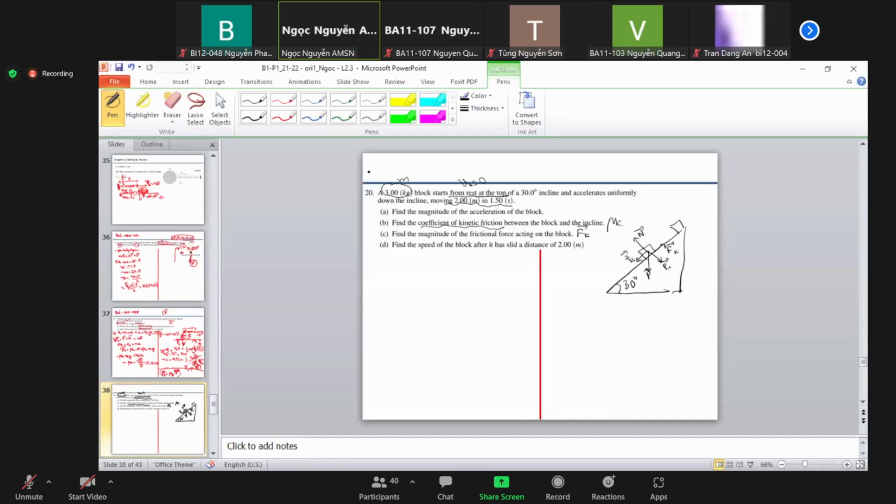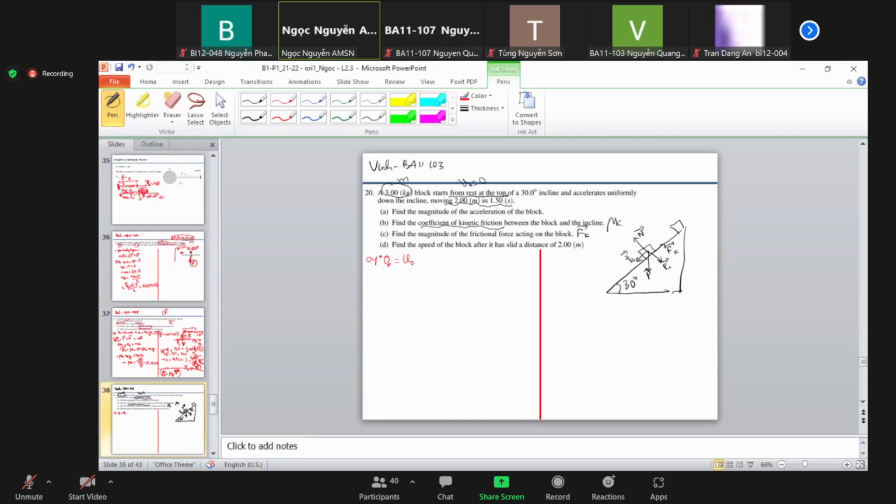Quang Vinh, BI11 103. Yes. So first we have to find the acceleration. We have the distance s equal to v0 t plus... In fact, don't make the mistake between the distance s and x.